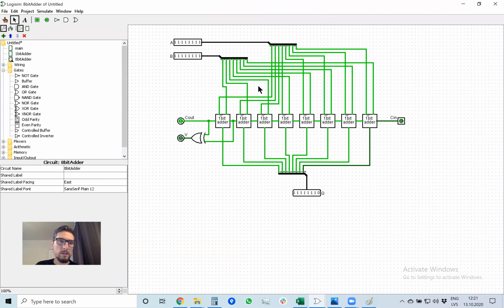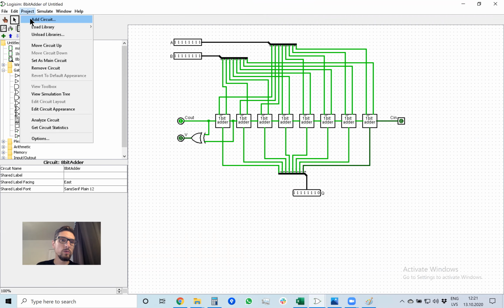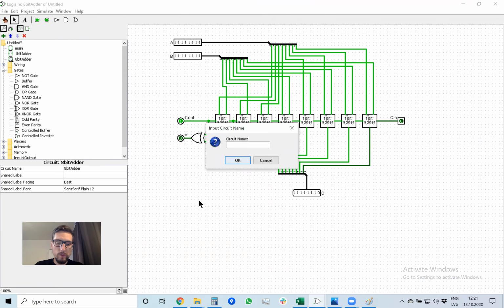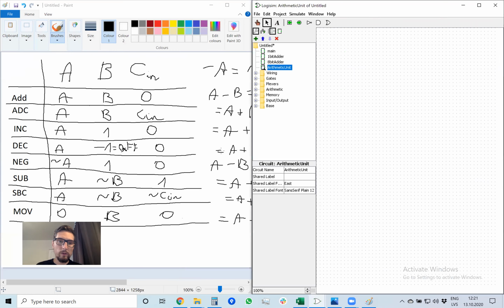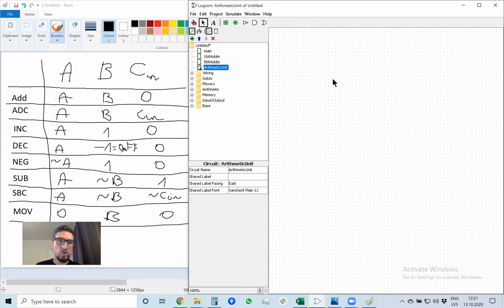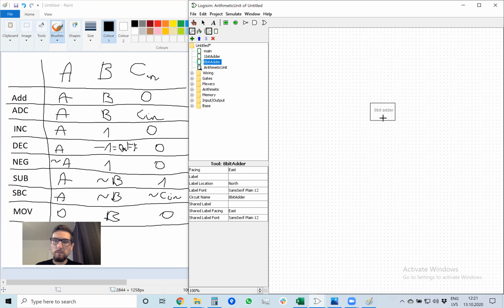So this is our schematic with 8-bit adder. Now let's make a new sub-circuit, which we will call Arithmetic Unit. I will keep this open. So our arithmetic unit has the centerpiece 8-bit adder right here.